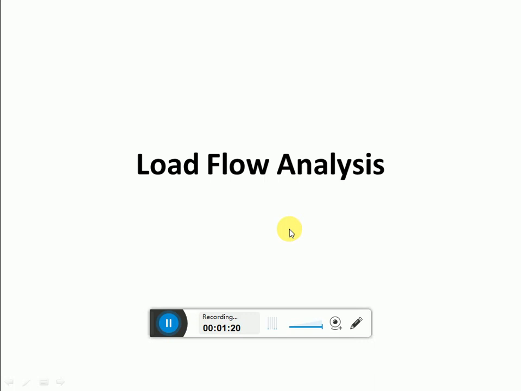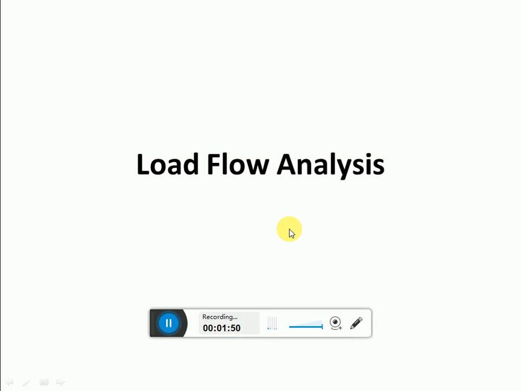So with this load flow analysis we will be able to know the voltage magnitude and phase angles at each bus of a power system network. Also the line power flows through the transmission lines of a power system.